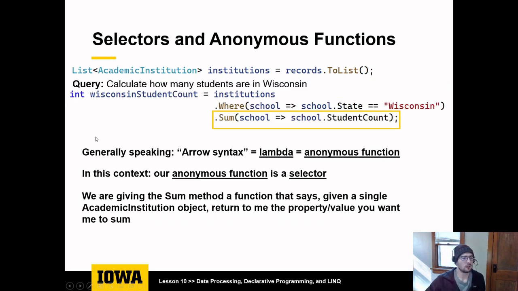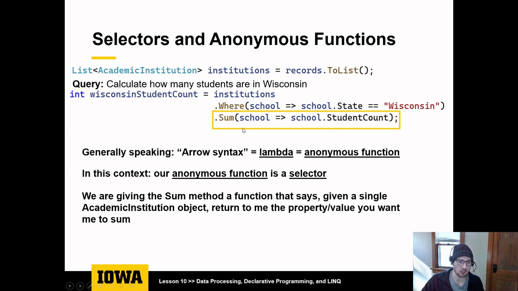Okay, so another example here. Let's say we have a query where we want to calculate how many students are in Wisconsin. Again, we just showed how to get all the schools that are actually in Wisconsin using that where clause. After we get all the schools in Wisconsin, we can then use a sum clause to describe the criteria for what we want to sum.